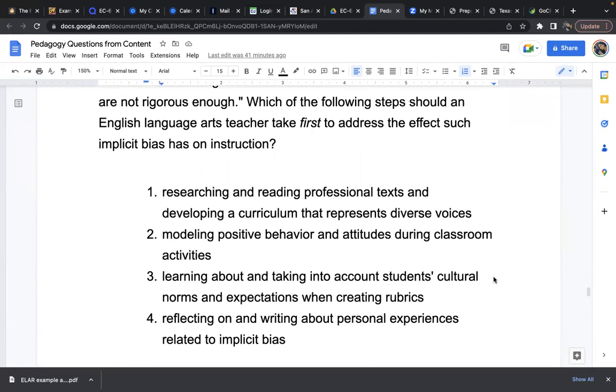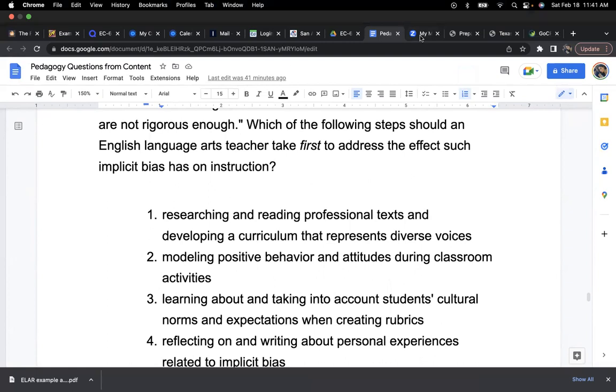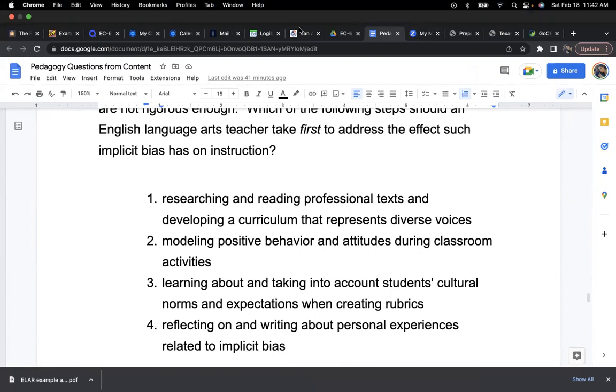What is the goal here? Well, the very first step to address the effect of the implicit bias on the instruction.